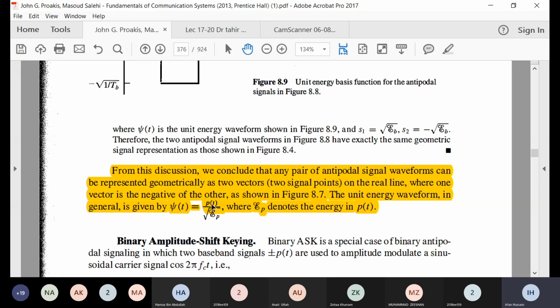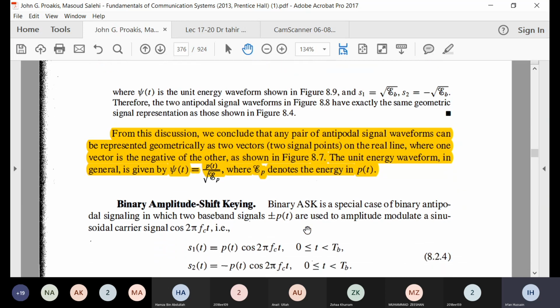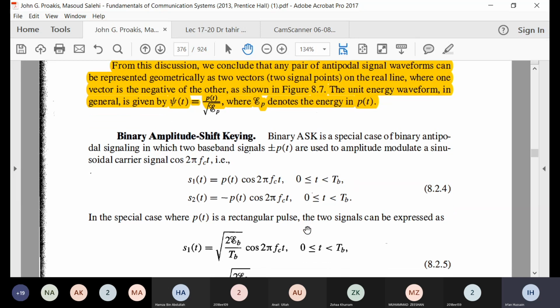You just take signal S1, or you can take the signal S2, and you will still be able to find your orthonormal function. So we have seen this in detail. Just take its energy, divide the first signal or the second signal by it, and you will get your orthonormal function.